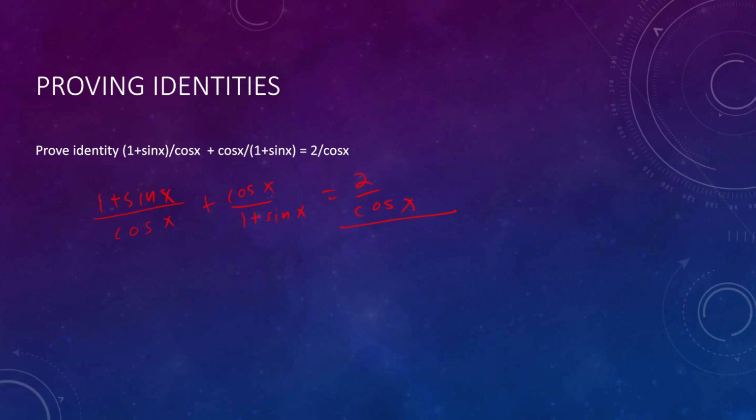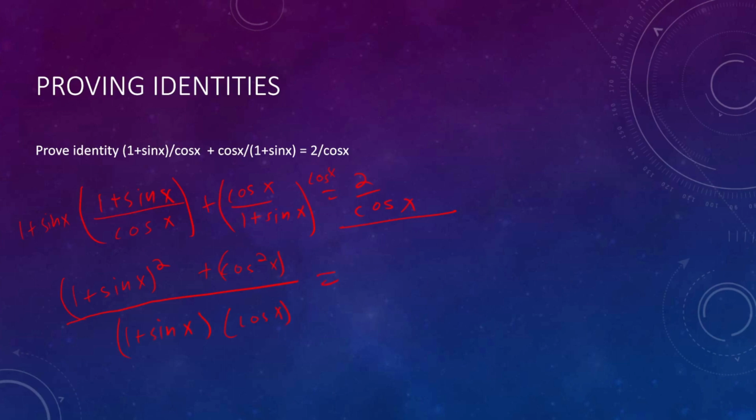To do that, let's multiply one fraction by 1 plus sine of x, and the other by cos of x. So I get (1 plus sine of x) squared plus cos square x, over (1 plus sine of x) into cos of x.